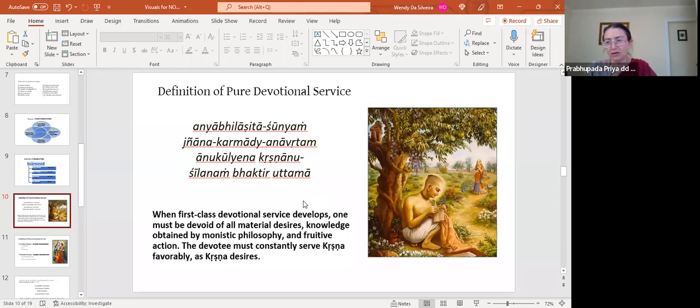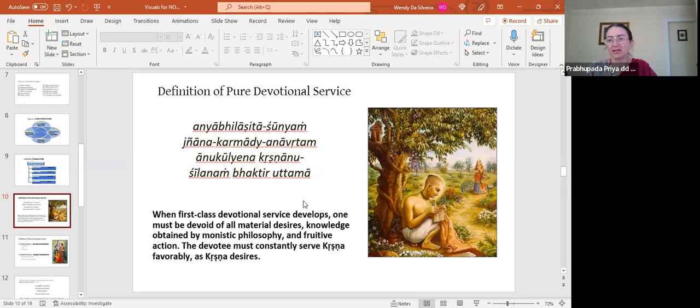And yoga, right, leading a disciplined life, being regulated in our eating, sleeping, mating, defending, all those material aspects of life, they're all necessary for bhakti. And Sankhya, understanding the difference between matter and spirit, and the science of how to convert matter into spirit, understanding that we're not this body, that we're spirit souls, that's all necessary for bhakti.